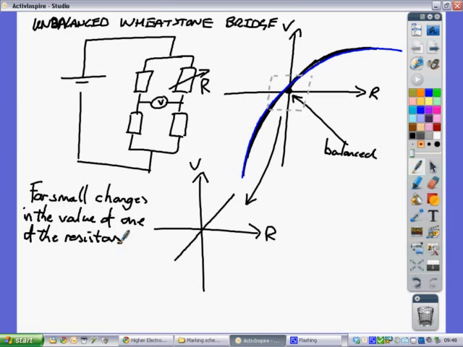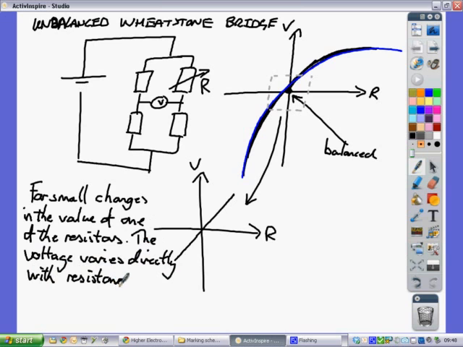what we're going to say is that the voltage varies directly with resistance. Now this is from a balanced Wheatstone bridge becoming unbalanced. Right?